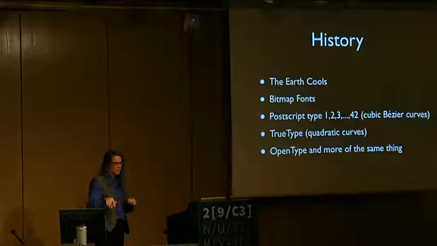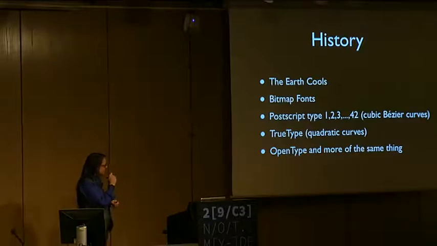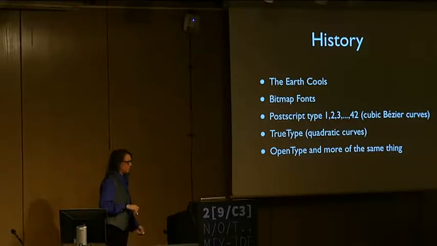And that's where all the PostScript Type 1 fonts are, and they're all done using cubic Bezier curves. Then TrueType fonts were basically created because Adobe had a patent on cubic Bezier curves, and nobody wanted to pay the license on it. So TrueType uses quadratic curves. And then OpenType is kind of similar, but with some more features.